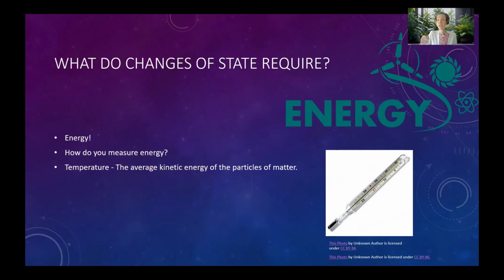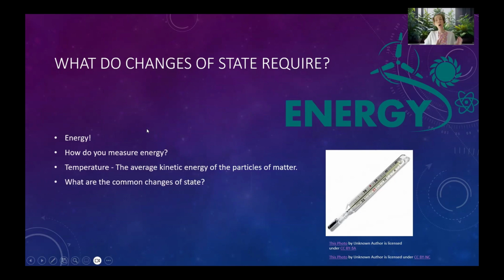Kinetic energy is the energy of moving things, of movement, right? Matter either loses or absorbs energy when it changes from one state to another. For example, when matter changes from a liquid to a solid, it loses energy. When it changes from a solid to a liquid, it absorbs energy.